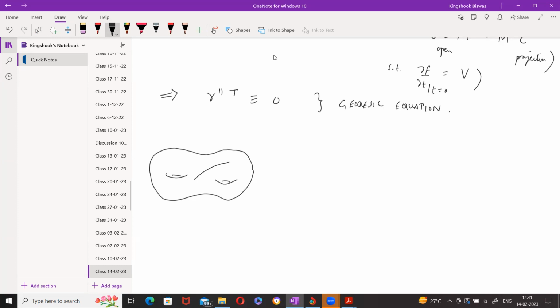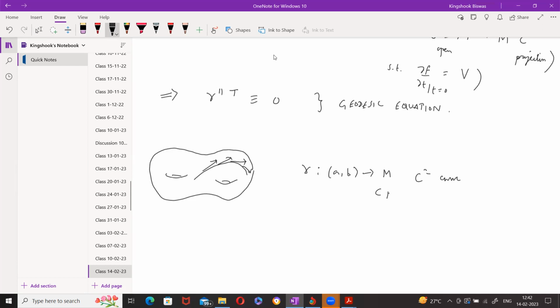Well, you look at the curve, you look at the tangent vector to it. Now the tangent vector is taking values in the tangent space to M, right? But when I take the second derivative, so if I have a curve gamma inside M, say a C2 curve, right?